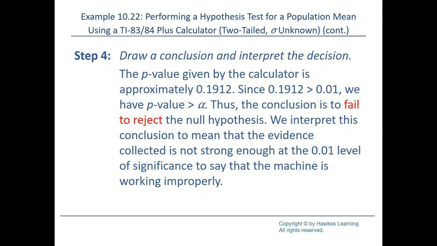Since our p-value is bigger than our alpha, we're not in the reject zone. So we say fail to reject the null. Basically we interpret this conclusion to mean that the evidence collected is not strong enough. So there's not enough evidence at a 1% level of significance to say that the machine is working improperly.